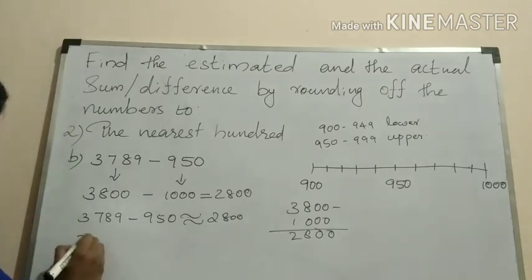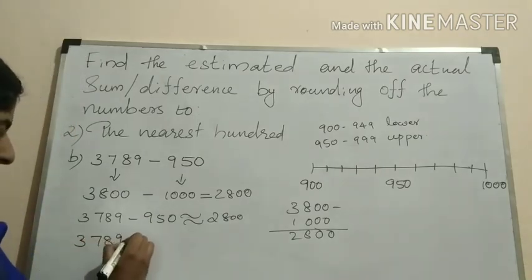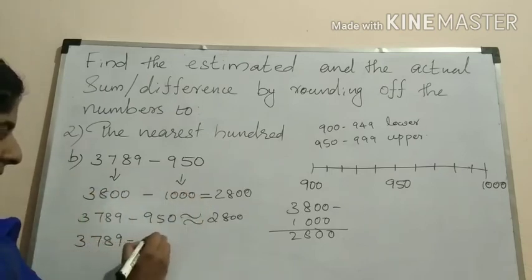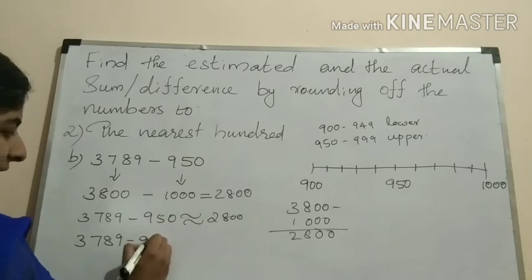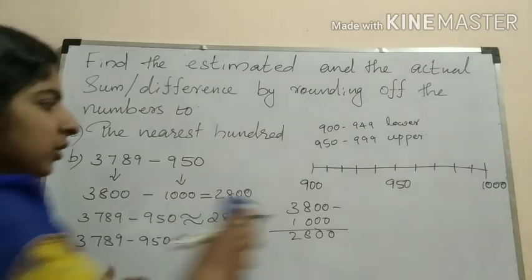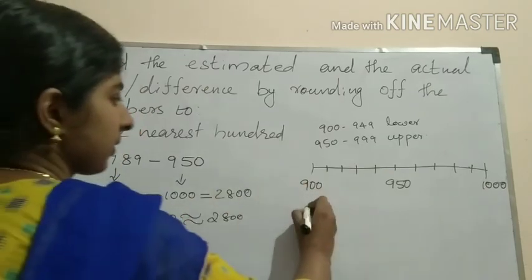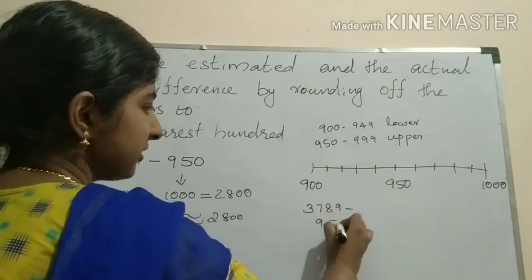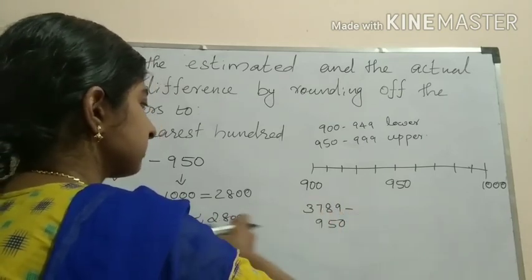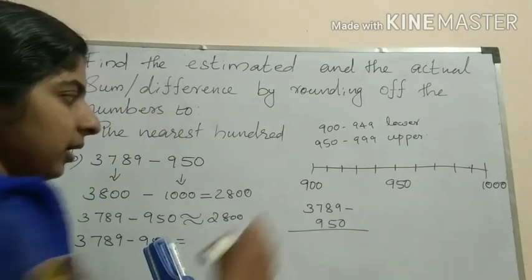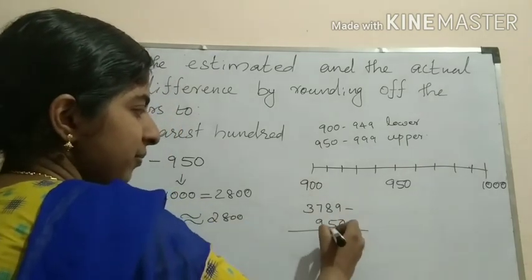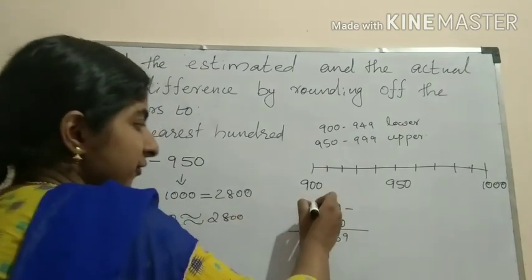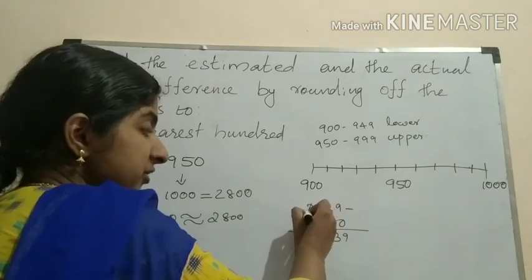Then the actual subtraction: 3,789 minus 950. 9 minus 0, 9. 8 minus 5, 3. 7 minus 9 is not possible. So we take 1 from the thousands place.